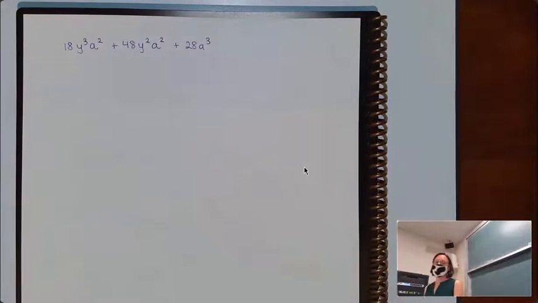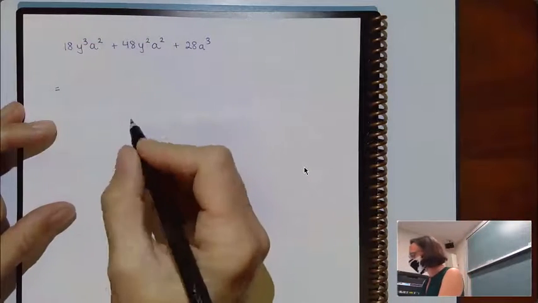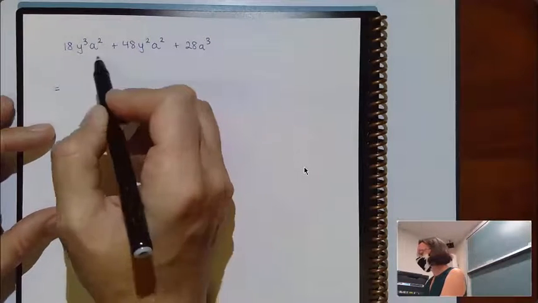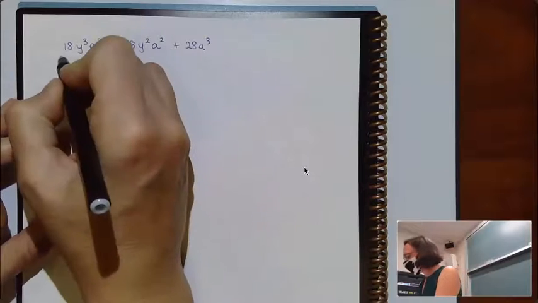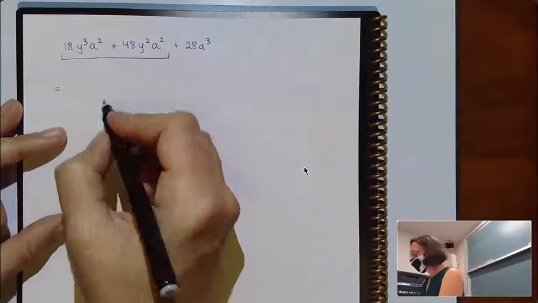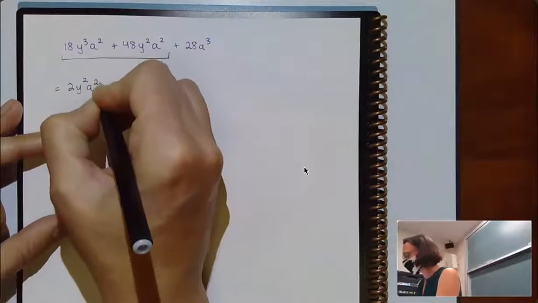So, things that are algebraically equivalent, but not considered factored. I could just look at two of the terms and think about factoring. If I were to only look at these two terms, those two terms have a 2 and a y squared and an a squared in common.